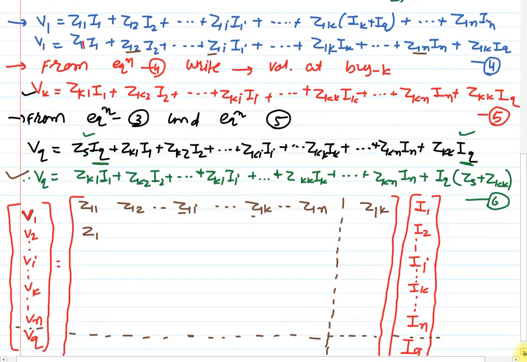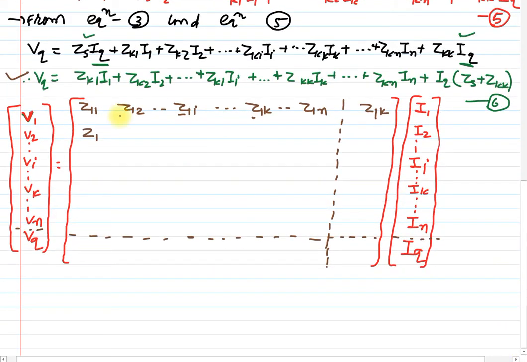Same way we need to write the second bus voltage or V2 elements. So Z21, Z22, Z2i, Z2k, Z2n, and here it is again Z2k.